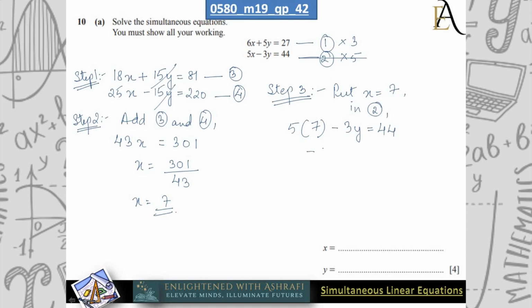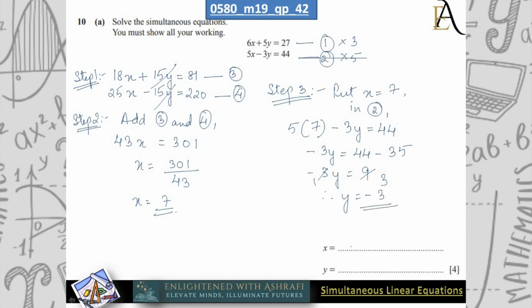So this becomes minus 3y equals 44 minus 35, which is equal to 9. 3 1s are 3, 3 3s are 9, therefore y is equal to minus 3.